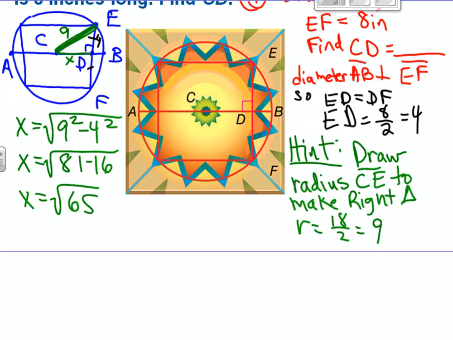The next thing I need to know is what the square root of 65 is on a calculator. Take a moment, do that, round it to 2 decimal places. 8.06 inches is what x is.